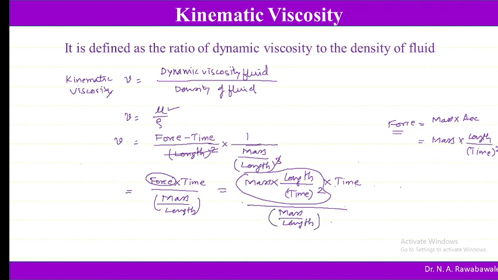If we see, the mass gets cancelled. Then if we transfer this length into the numerator, it will be length square. The time and the square get cancelled, so only time remains. So we get length square divided by time, which in the SI system is meter square per second.